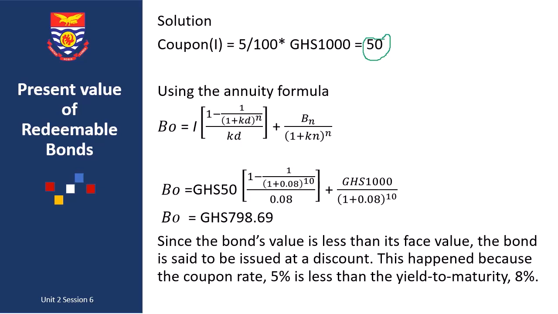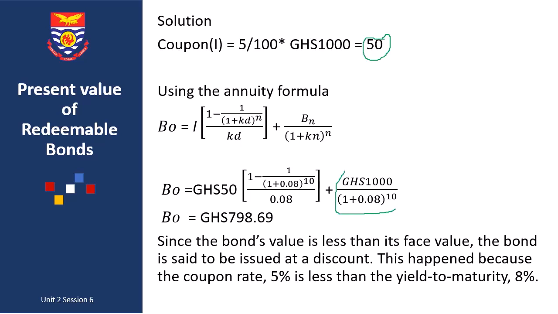So let's use the annuity formula to find the price of the bond. From the formula we need I. I has been computed to be 50. We know our cost of debt to be 8% and the number of years to maturity is 10 years. So we multiply the 50 by the annuity formula. Then we add the face value, which is 1,000.